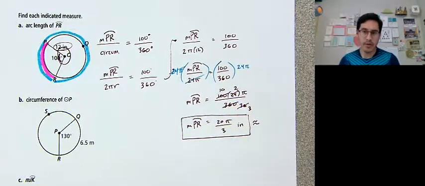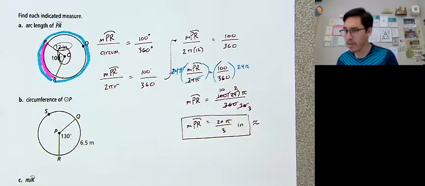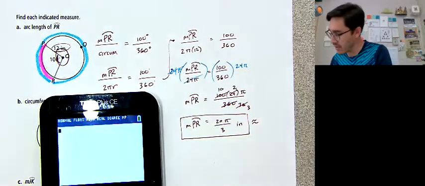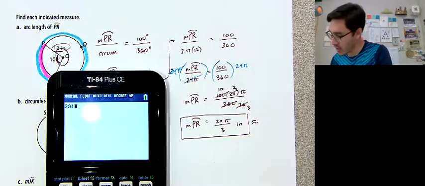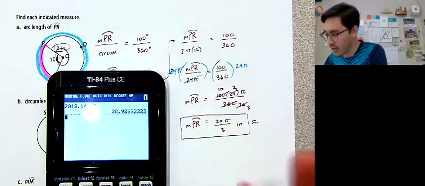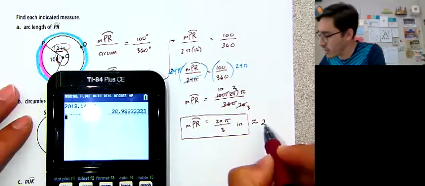We'll also use 3.14 as an estimation of pi to get a decimal approximation of this length. Okay, so 20 times 3.14, all divided by 3, is going to be about 21 inches, more or less.